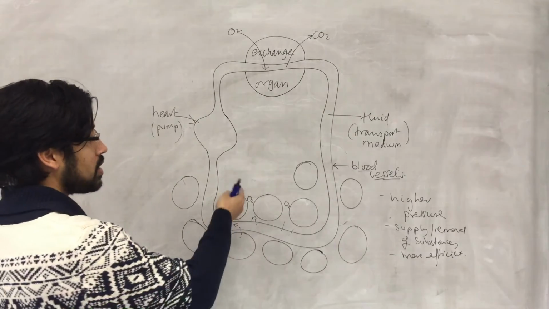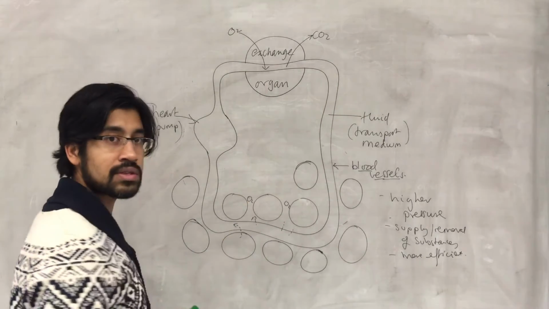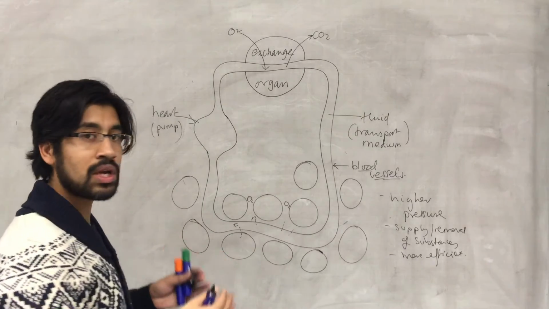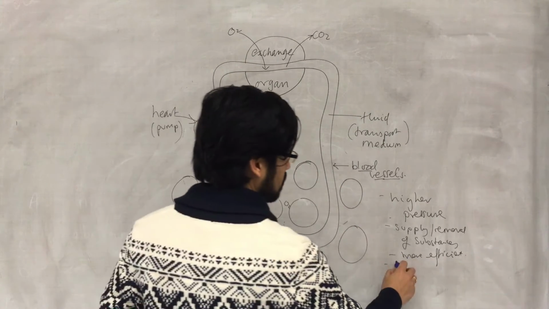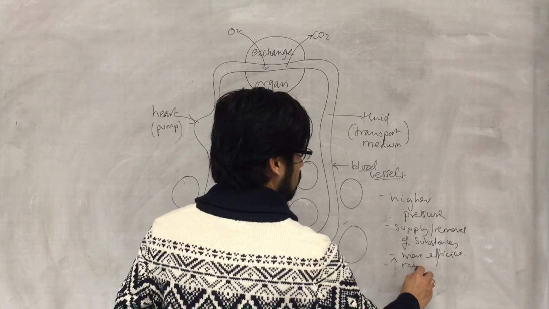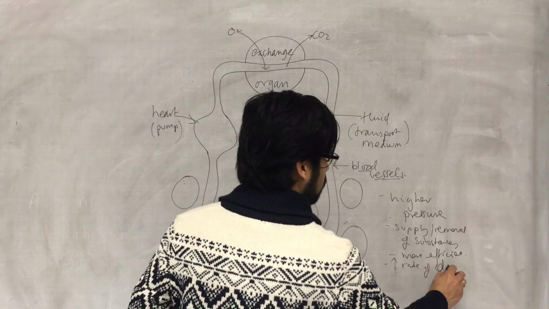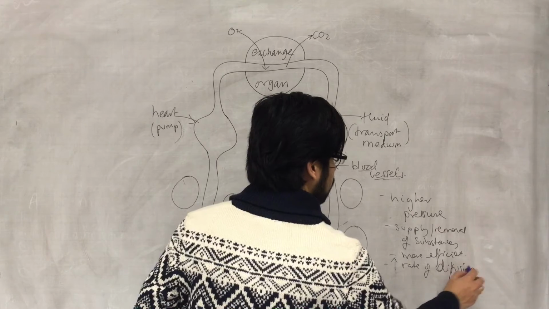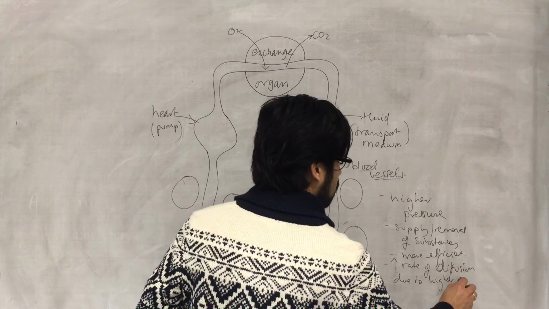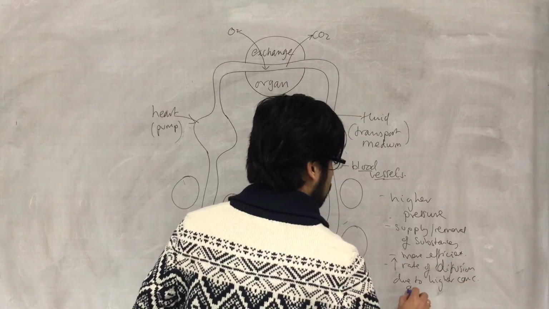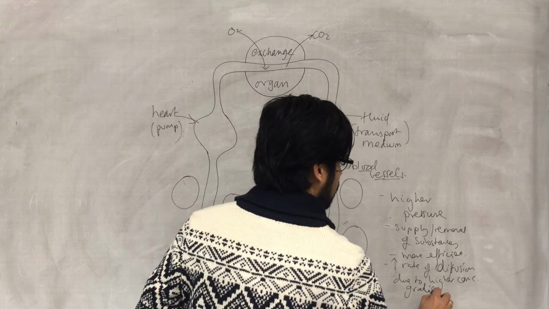The concentration gradient for oxygen to diffuse into the cell is also higher, and therefore the rate of diffusion is higher because of the closed circulatory system. So higher rate of diffusion due to higher concentration gradient.